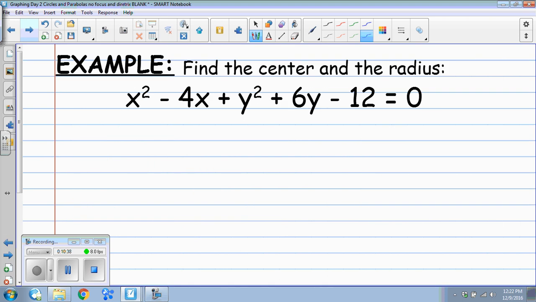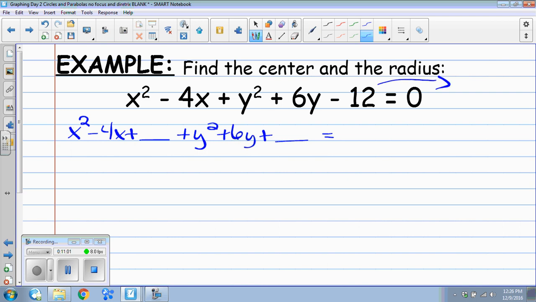Now, I want y'all to do this one. Tell me the center, the radius, the domain, and the range. So you have to complete the square twice. So we say x squared minus 4x plus blank plus y squared plus 6y plus blank equals, bring the 12 over, 12 plus blank plus blank.